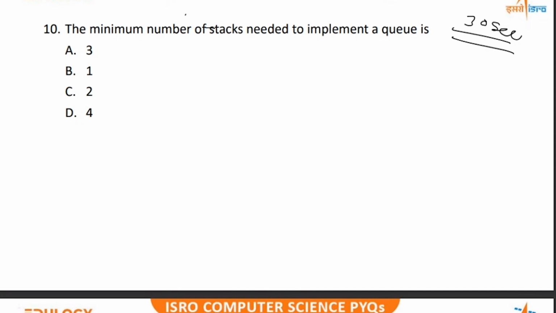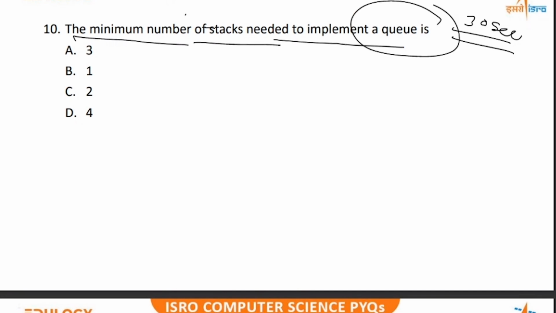So what the question is saying, first read the question carefully. The minimum number of stacks needed to implement a queue. So here, if we have to implement a queue, then we need 2 stacks, or we can say the minimum number of stacks required is 2.